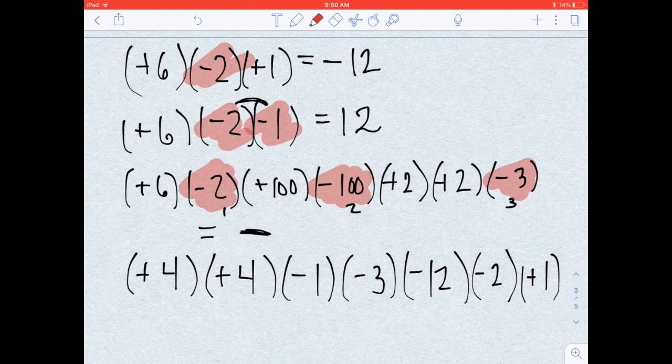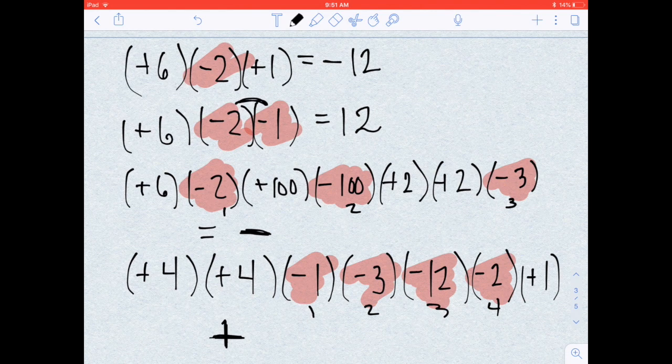I look through my problem again. Do I have an even or odd number of negatives? Well, I have 1, 2, 3, 4. So I have an even number of negatives, so I know my answer is going to be positive something.